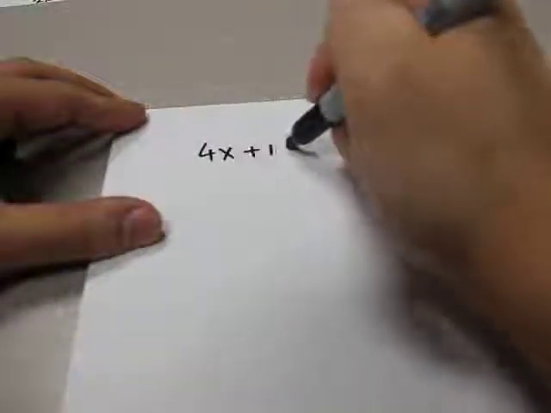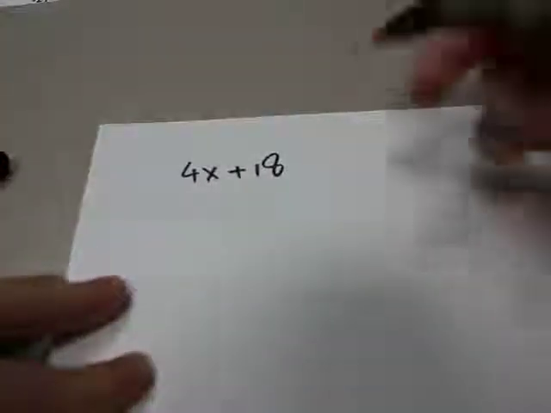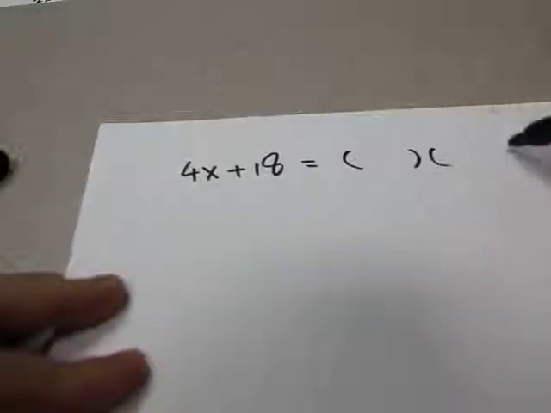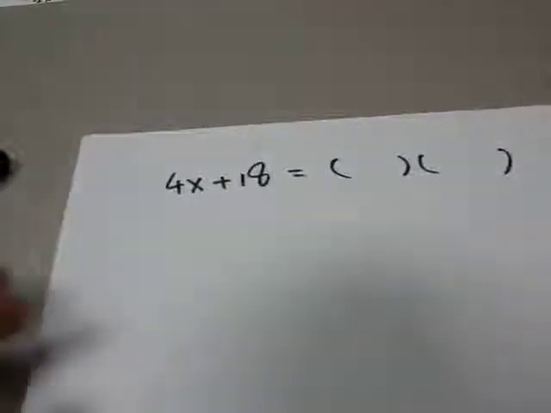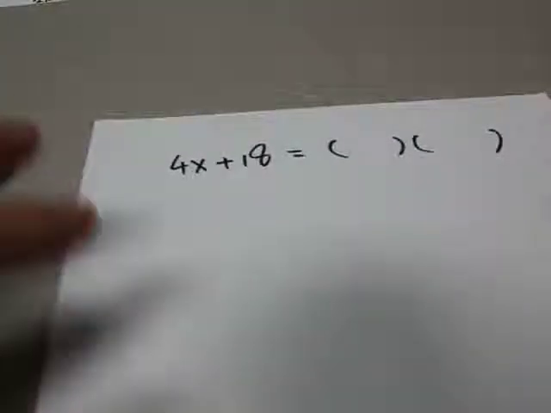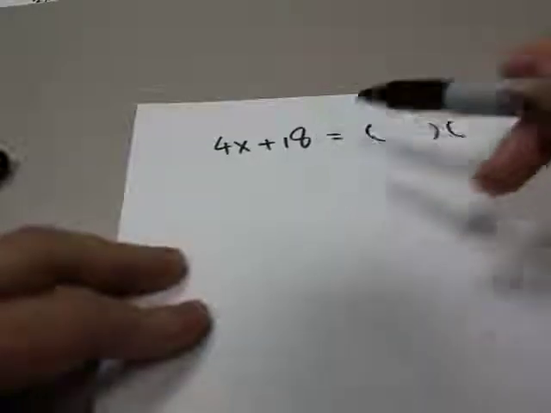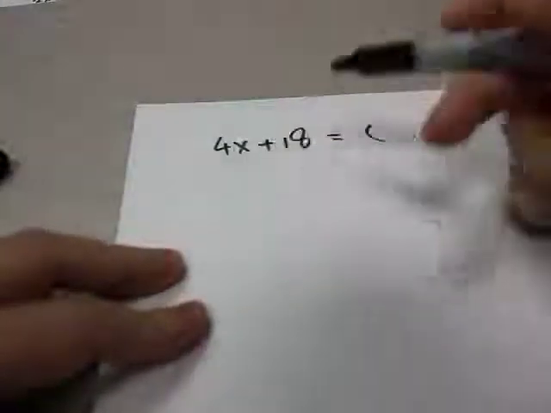Let's look at another example. We have 4x plus 18. First I'm gonna determine the greatest common factor of these two monomials, 4x and 18.